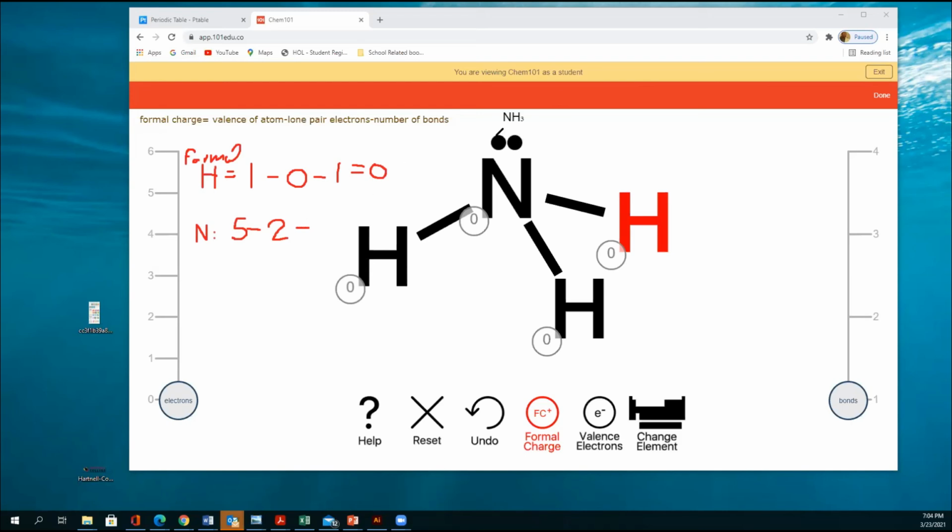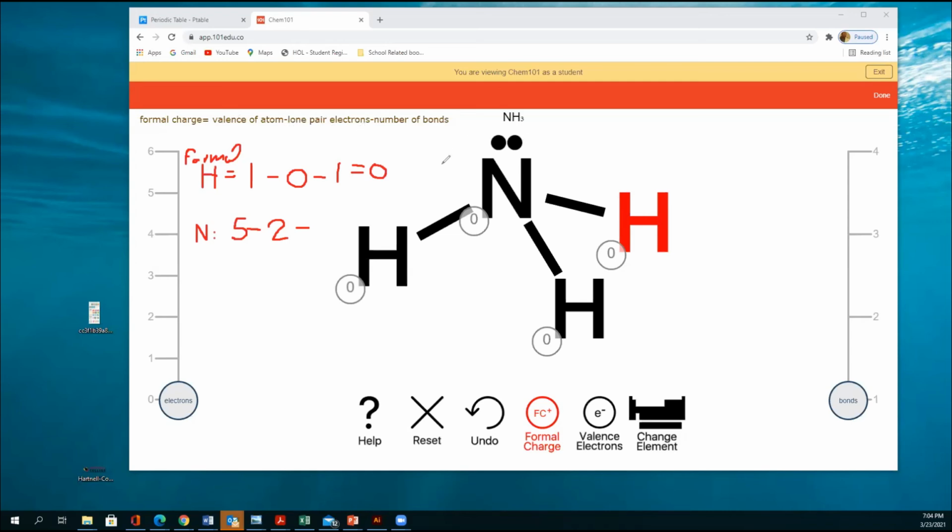There are 2 electrons that make up a lone pair. Like you have a pair of shoes, right? That's 1 pair. That's why I say lone pair electrons.